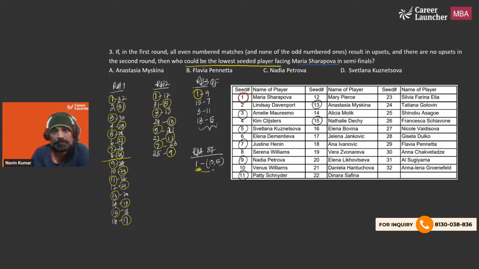So the lowest seed is 5, and seed number 5 here is given by Svetlana, which is going to give us option number D. So in such circumstances, she will play against the lowest seeded number, which is going to be seed number 5.